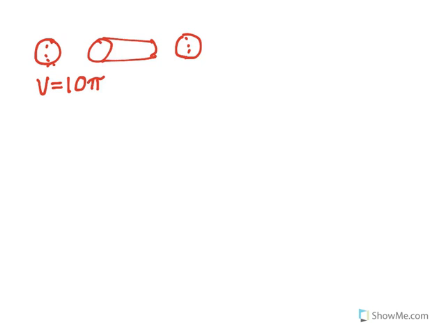Regardless, the volume has to be 10 pi, and so that's going to be the volume of a sphere plus the volume of a cylinder, which shares the same radius. So, looking up our volume formulas, the volume of a sphere is 4/3 pi r cubed. Volume of a cylinder is pi r squared times h.